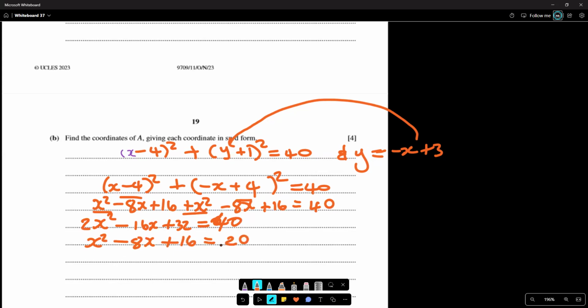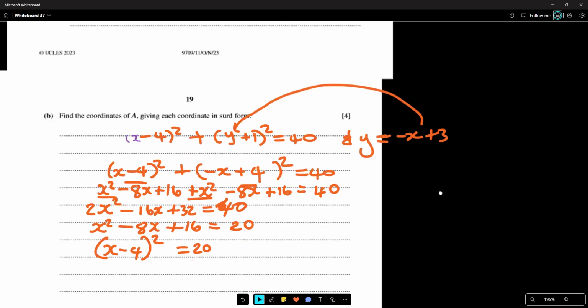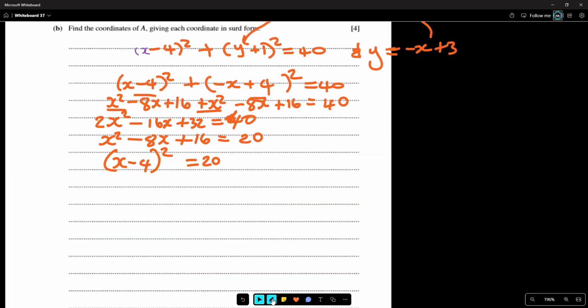And then this side I have a perfect square trinomial, which is easy. It's (x minus 4) squared equals 20. And then we need to square root both sides. If I square root both sides, this side I'm left with x minus 4. That side I'm having plus or minus.